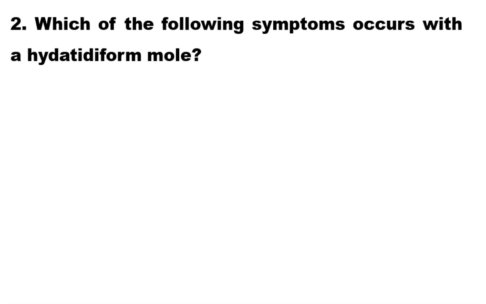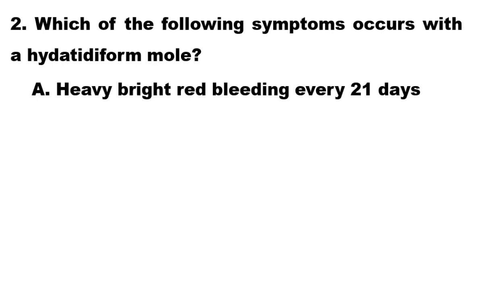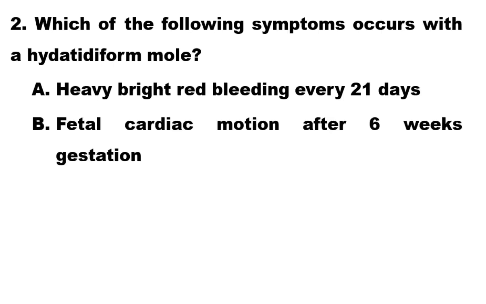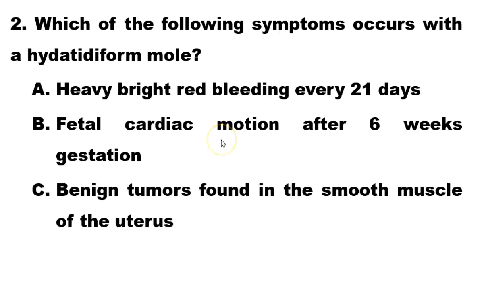The next question. Which of the following symptoms occur with a hydatidiform mole? A. Heavy blood red bleeding every 21 days. B. Fetal cardiac motion after 6 weeks of gestation. C. Benign tumor found in the smooth muscles of the uterus.